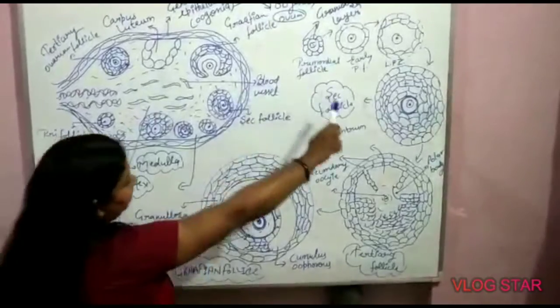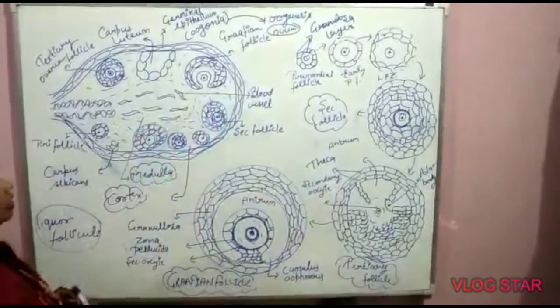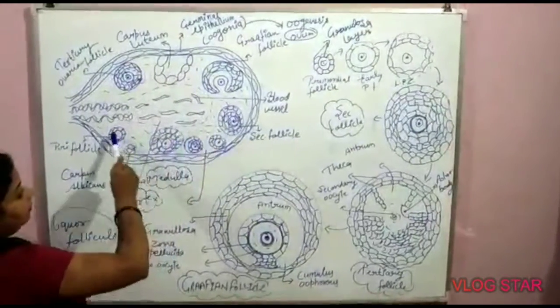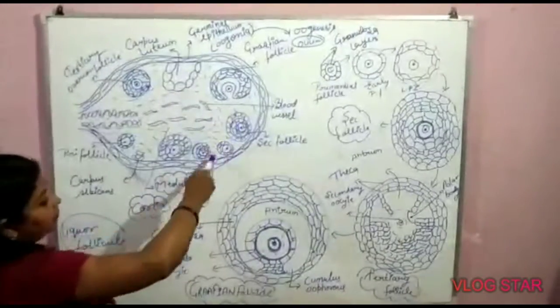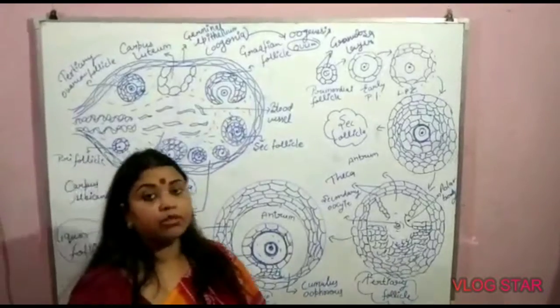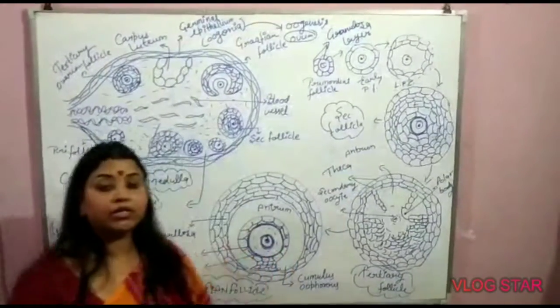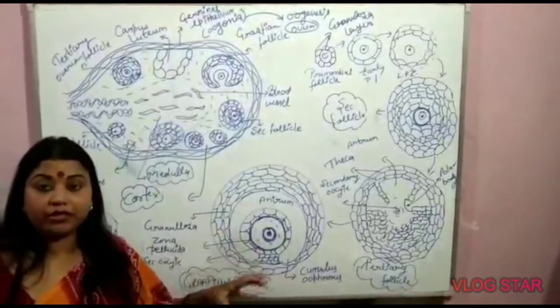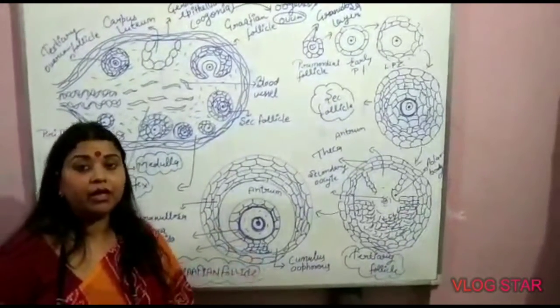So all these events take place inside the ovary, and one important thing is that all follicular development is influenced by the hormone FSH, follicle stimulating hormone. Follicle development is always influenced by follicle stimulating hormone.